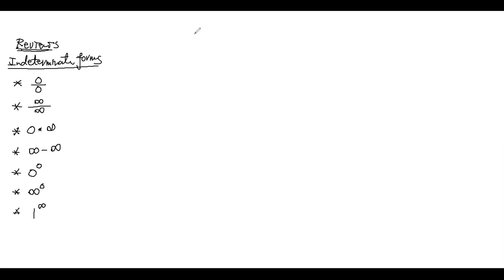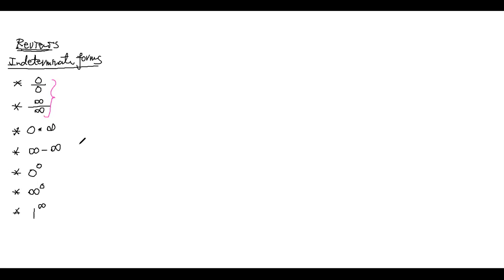For these two forms, L'Hopital's rule is based on them. So if you have 0 over 0 or infinity over infinity, how do we find the limit? All the other 5 indeterminate forms, we need to do some manipulations, okay?